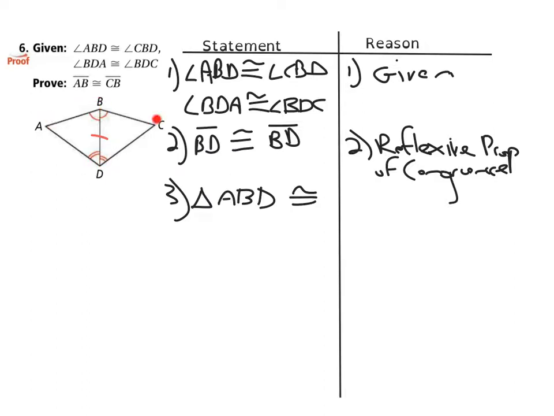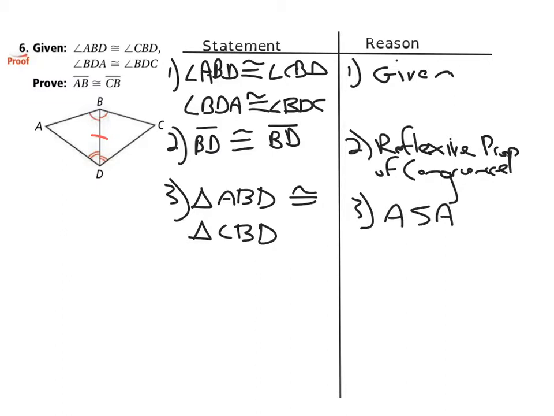So we've got A, B, C going from no marks to 1 mark to 2 marks. Sorry, ABD is congruent to CBD, triangle CBD, and then we can say, what is the reason that we know that? We know that through angle side angle.